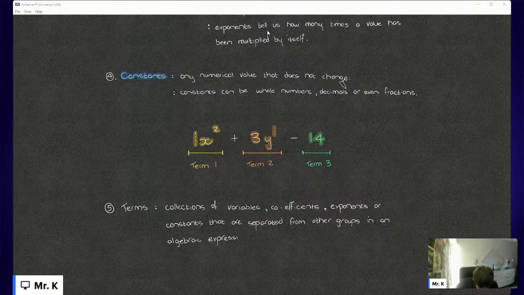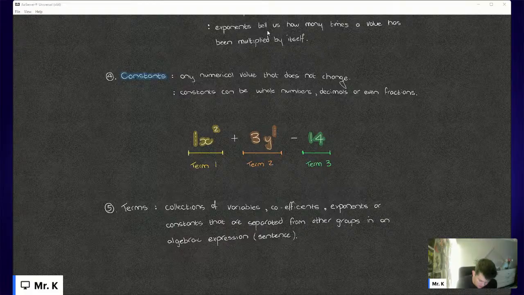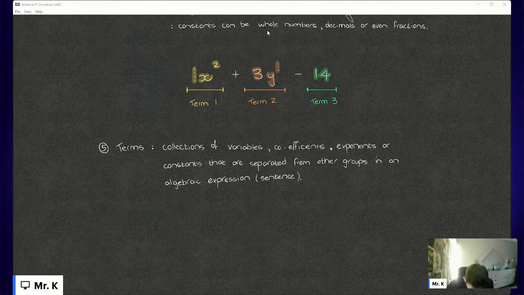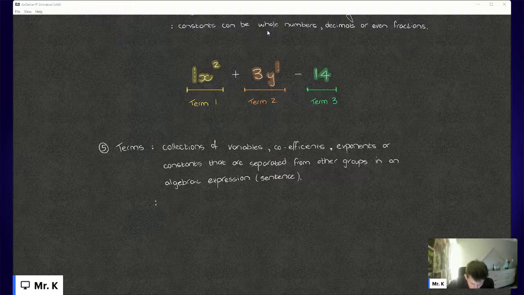Okay, but in brackets, you can just write the word sentence, just so that you guys remember what that means for now. You'll dive into a lot more detail around this next year. So I know what these terms are now, right?